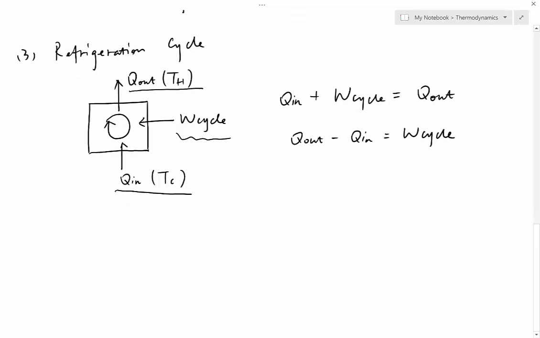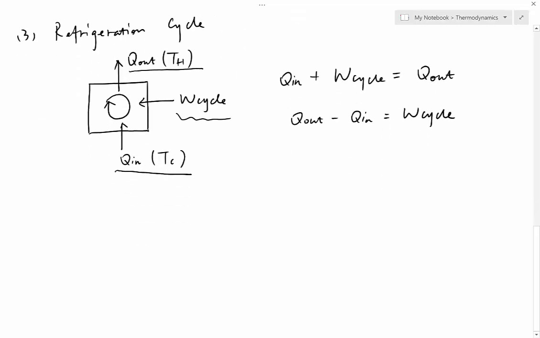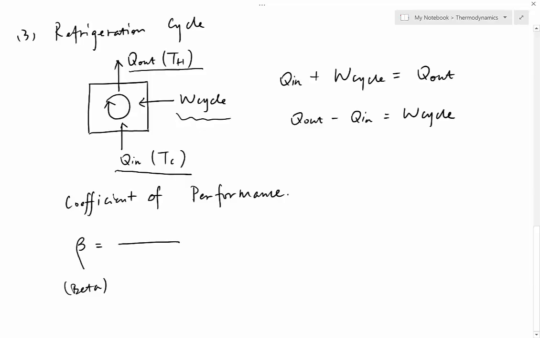And for the refrigeration cycle, we have something called the coefficient of performance. And we use the letter beta. And what is the definition of beta? Still the same. Purpose over cost.